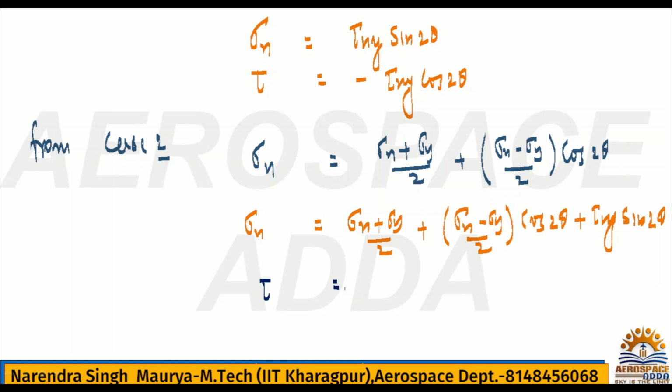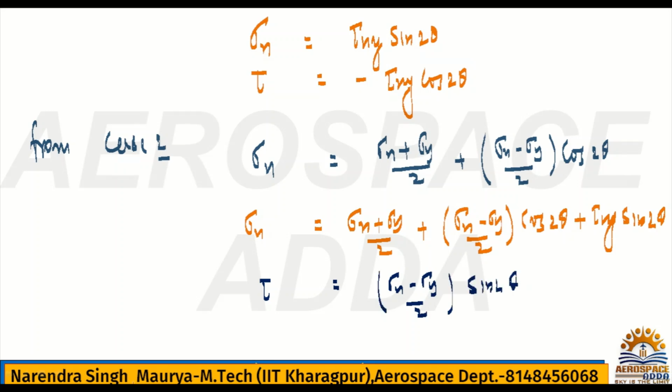Tau was sigma x minus sigma y by 2 sin 2 theta.